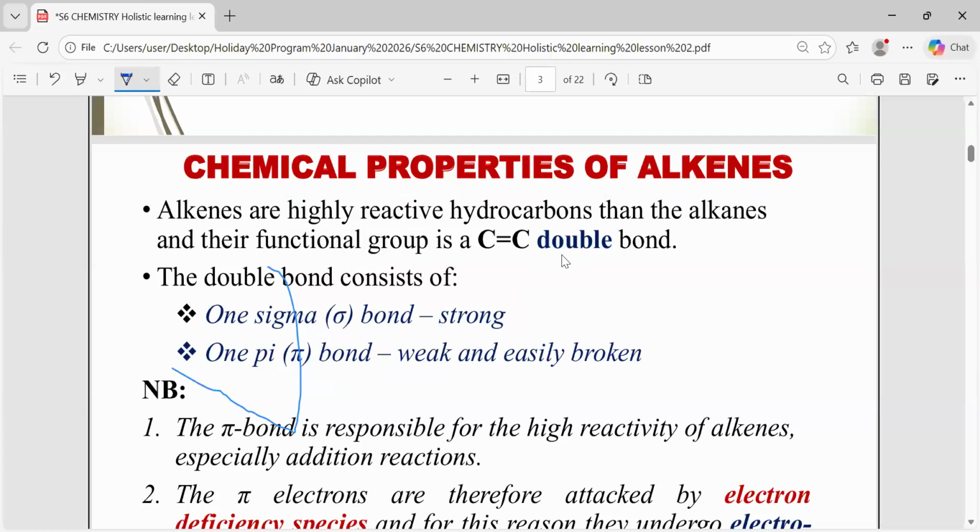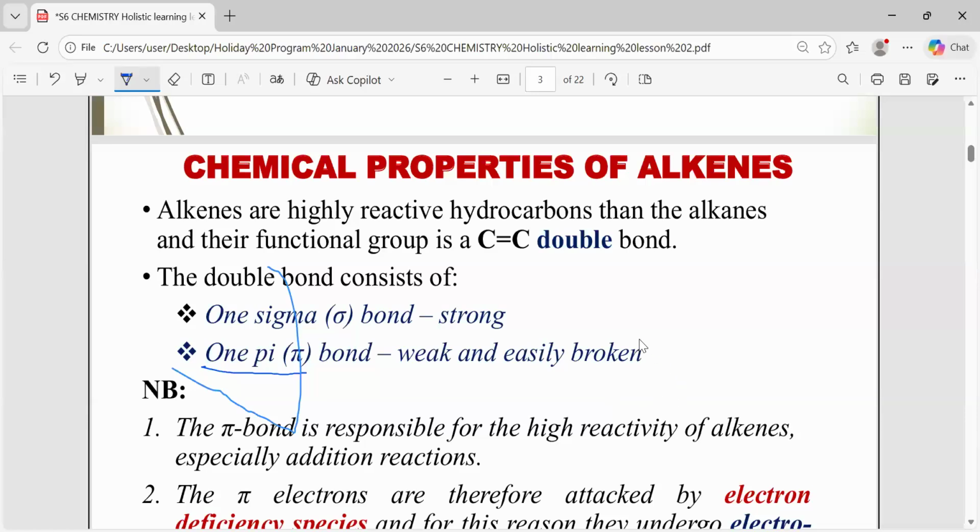We know that the pi bond is weaker than the sigma bond. So during the reaction, it is very easy to break the pi bond found in the alkenes, hence making them so reactive, because that pi bond has the pi electrons.